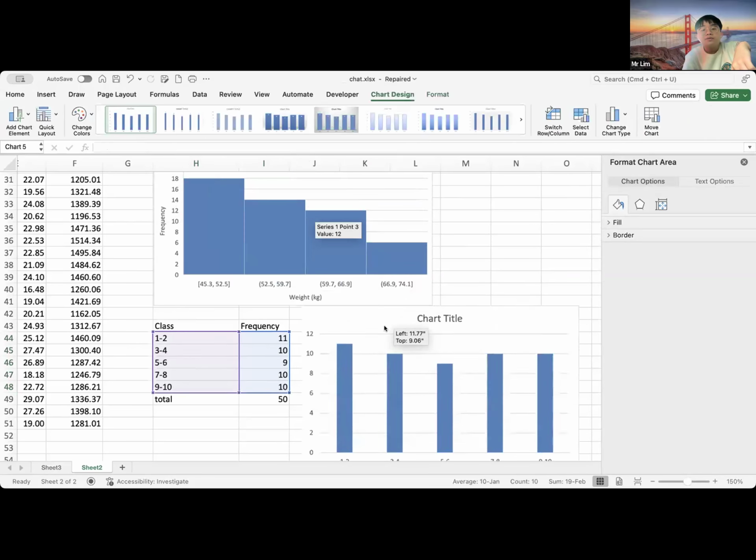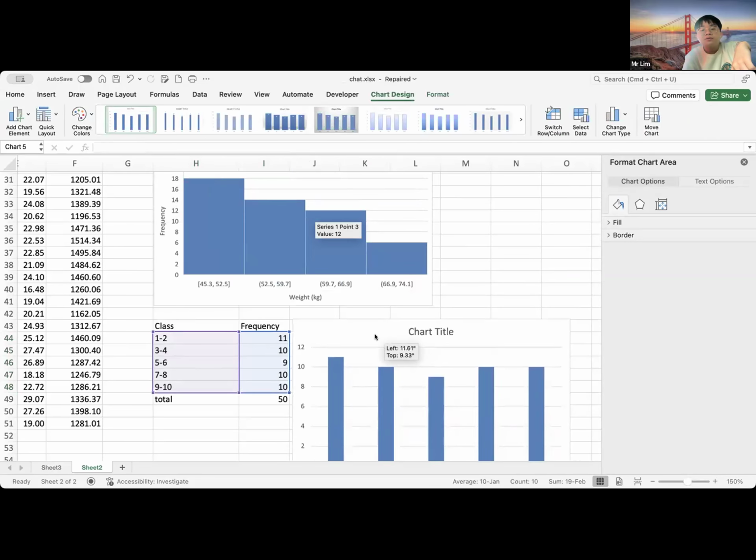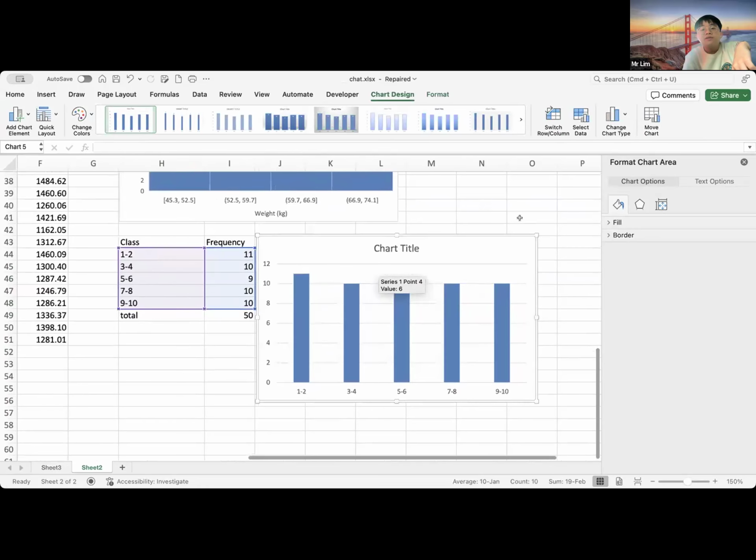Now you have this. So this is a histogram. If you want to do your original histogram, but this looks more like a bar chart.